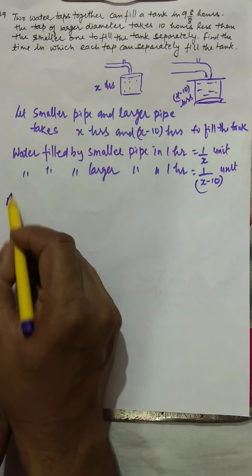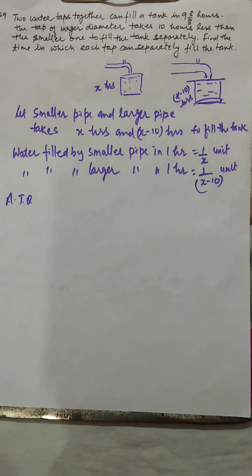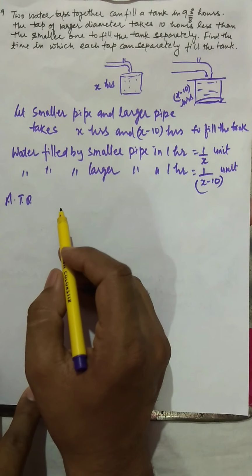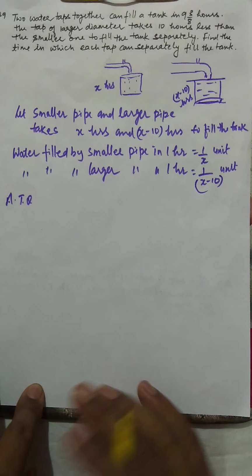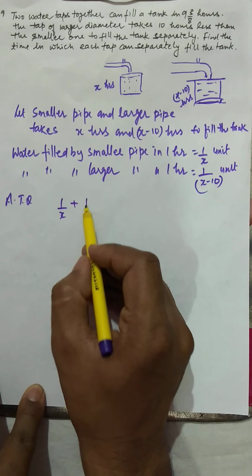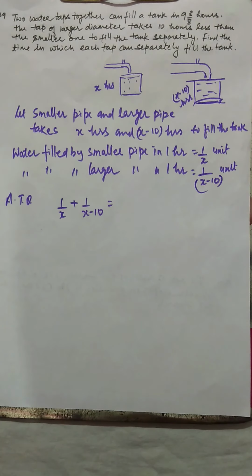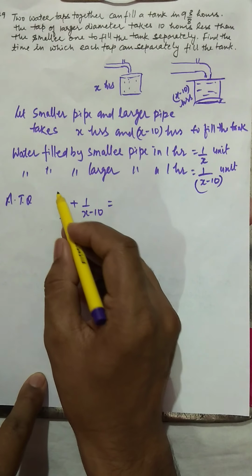Now according to the question, they are saying that they can together fill the tank in 9 3 by 8 hours. So I'm just taking 1 hour completely. So 1 hour work by the smaller pipe plus 1 hour work of the larger pipe, this is total 1 hour work.